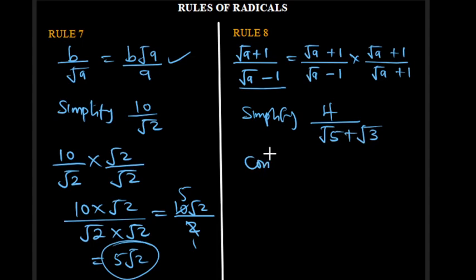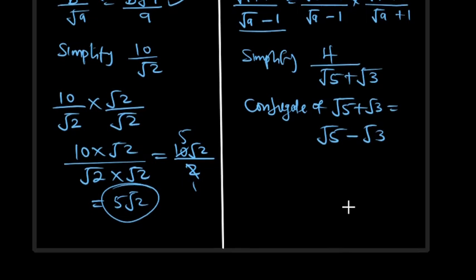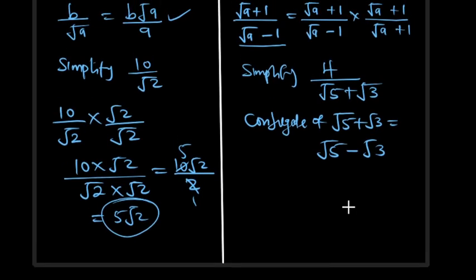The conjugate of root 5 plus root 3 is equal to root 5 minus root 3. So we'll use root 5 minus root 3 to rationalize this radical problem.